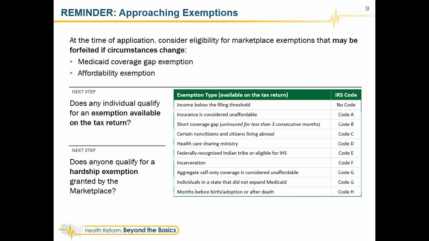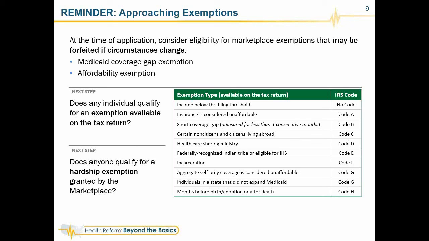Well, let's do a little reminder, a refresher about the exemptions that are available. At the time of application, so when you're going through all those rules with this couple, you should really consider eligibility for marketplace exemptions that a person might be eligible for right now, but could be forfeited if circumstances change.